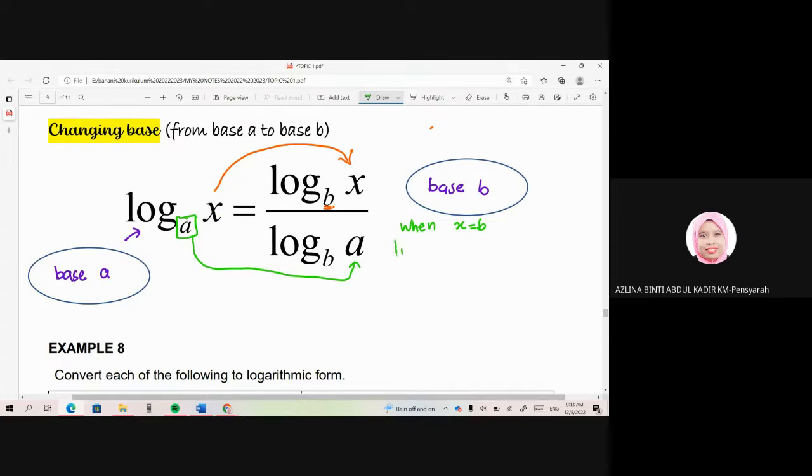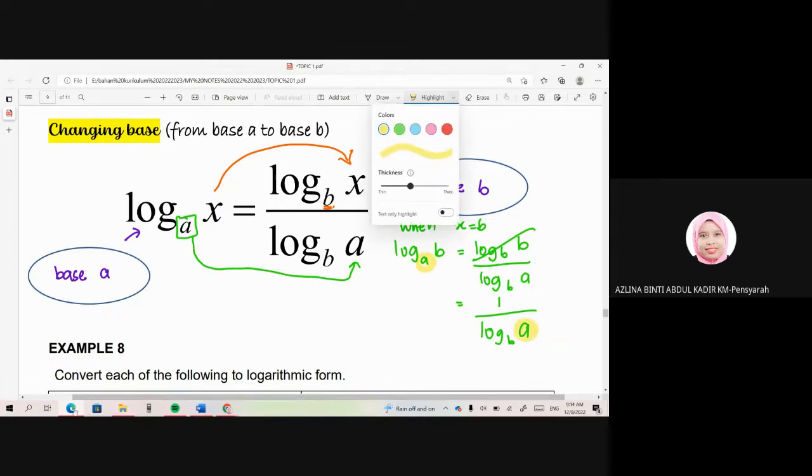So log B base A is equals to 1 over log A base B. So this one is actually inverted. 1 over log base A, it changes here. Then here is base B. Change to base B. Can you see? Okay. Is it okay?